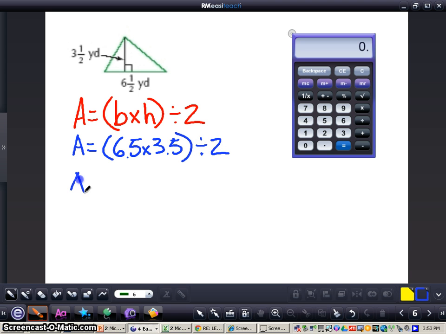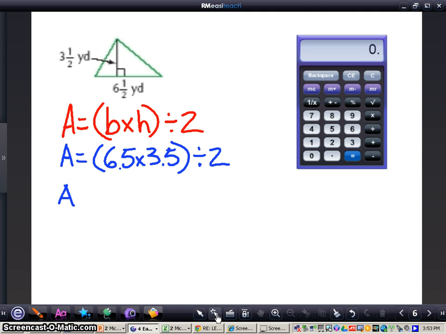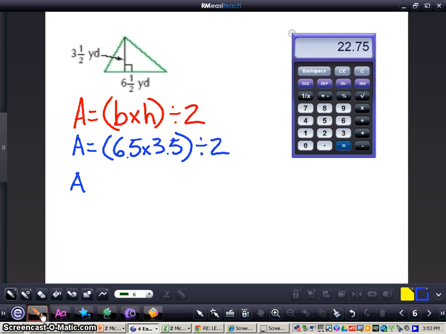So now I want to multiply the two numbers in the parentheses. I can put that right into my calculator. 6.5 times 3.5 is going to give me 22.75. I'm actually going to change my ink for this. Area equals 22.75. We need to divide that by 2 now.